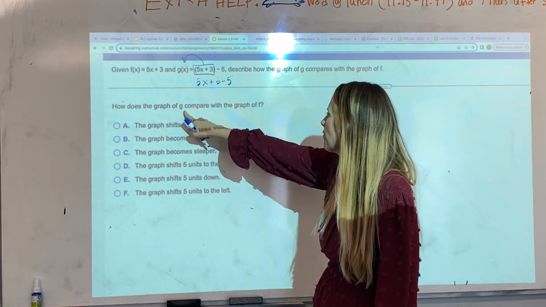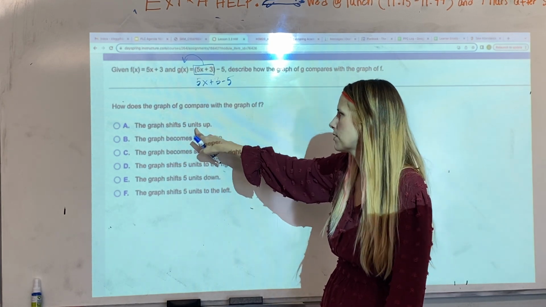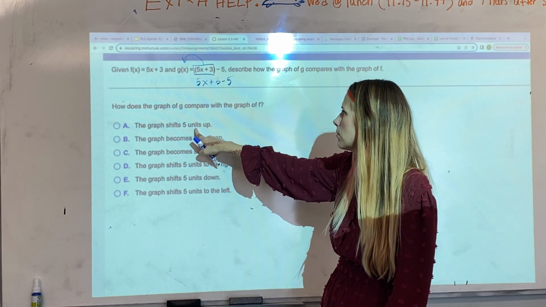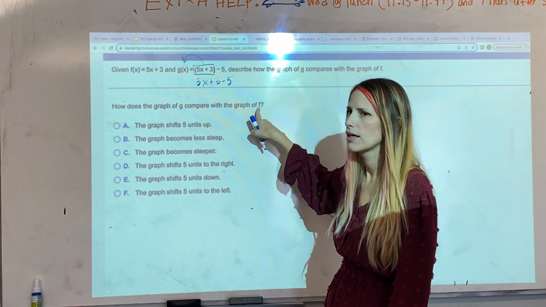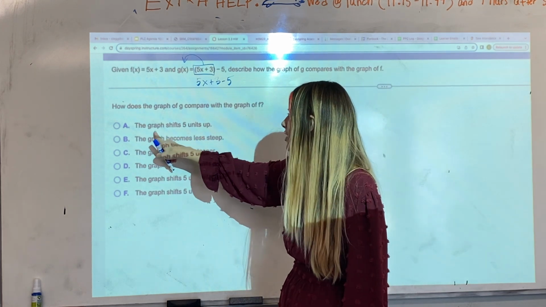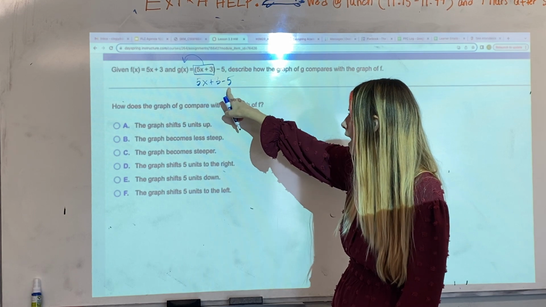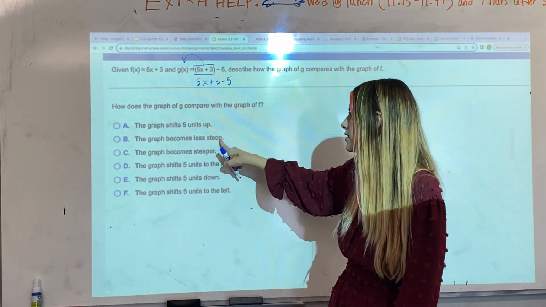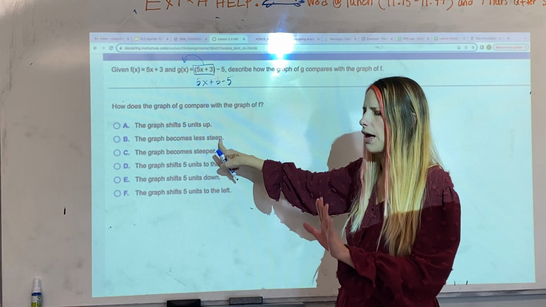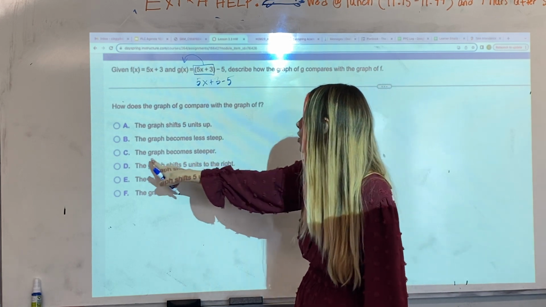So how does the graph of g compare with the graph of f? It says the graph shifts 5 units up. The graph shifts 5 units up? No, because it's going down. The graph becomes less steep? No, that's with stretches and compressions, which we haven't learned yet.